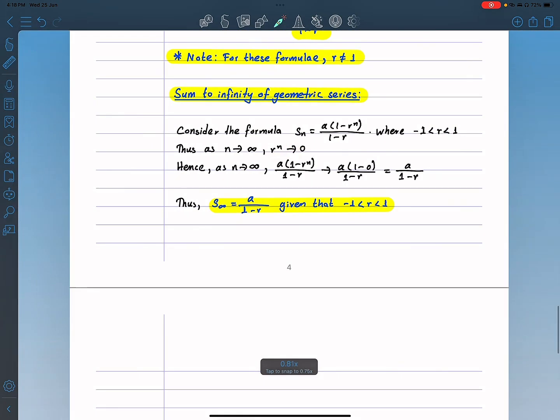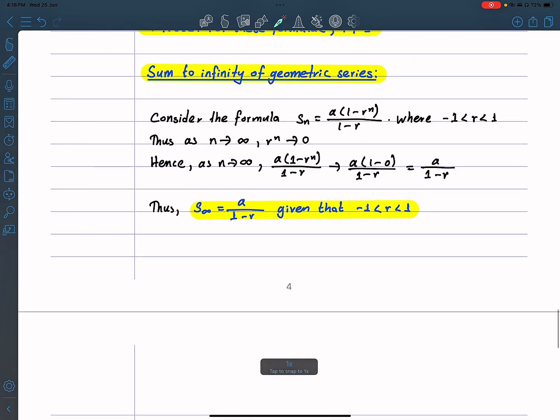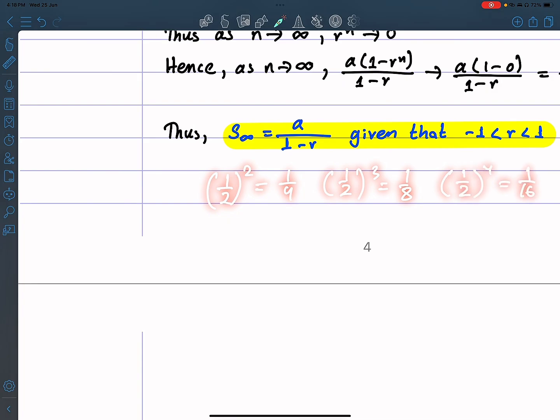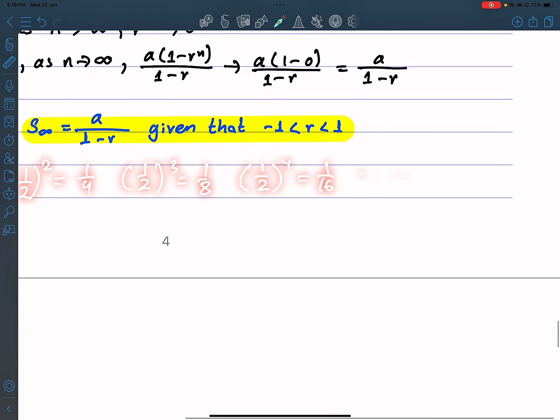So how can we verify this? Well, you can take a look into your calculator and take a half. Raise half to the second power, that's 1 over 4. Raise half to the third power, that's 1 over 8. Raise half to the fourth power, that's 1 over 16. Do this up until you reach a very high number, like 50, and this would approximately be equal to 0.